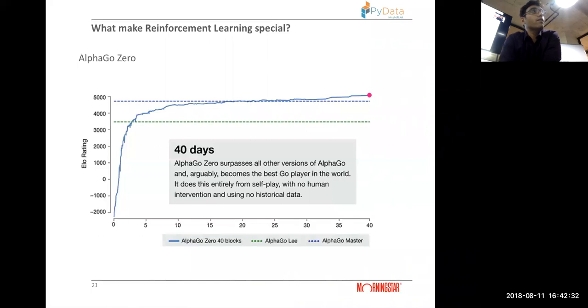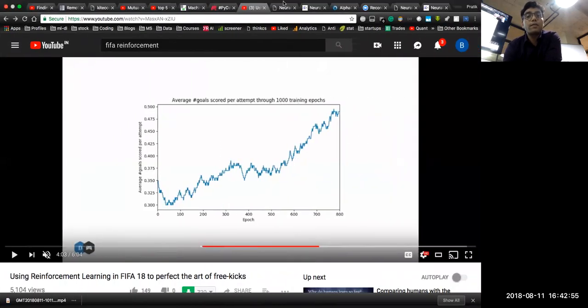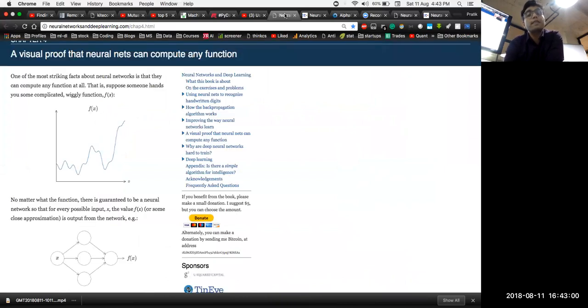They just spawned one RL algorithm from scratch, and it learned on its own, basically doing self-play from the start itself. So it discovered what happens when you make a positive move and when you make a negative move, and in less data, in less time, with less processing power, it was actually able to beat the AlphaGo that beat Lee, and so it was also called AlphaGo Zero because it started from scratch.